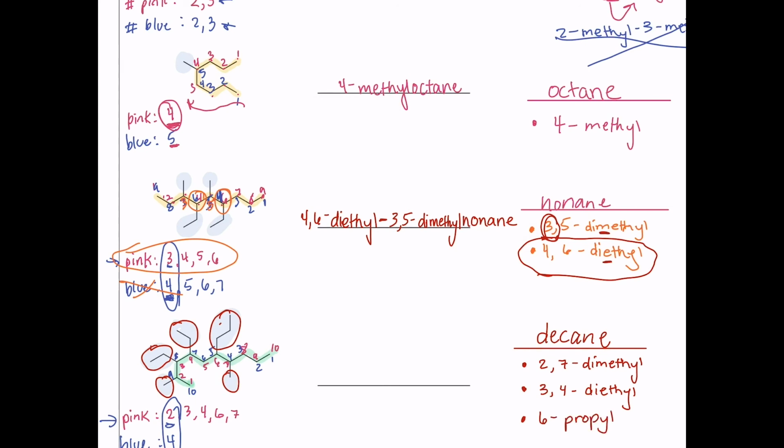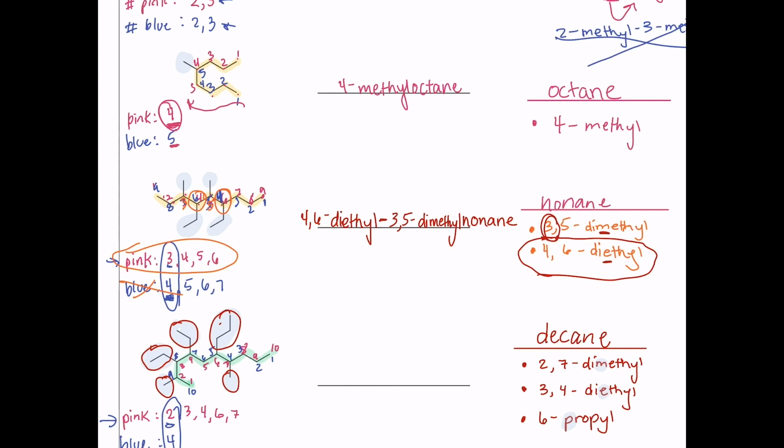Alrighty. So now when we name this, we need to list the substituents in alphabetical order. And remember, we're ignoring the Latin prefixes di, tri, tetra, right? So we're going to be comparing the M, the E, and the P. So what comes first in the alphabet?